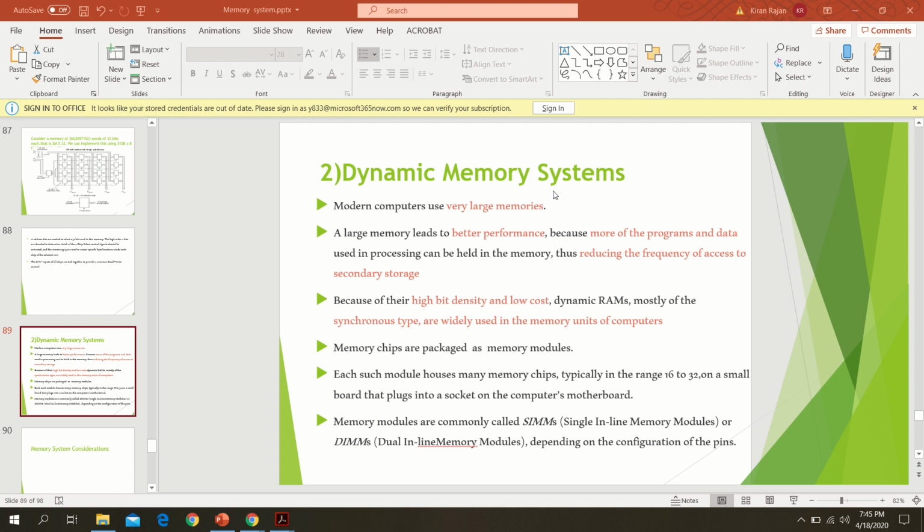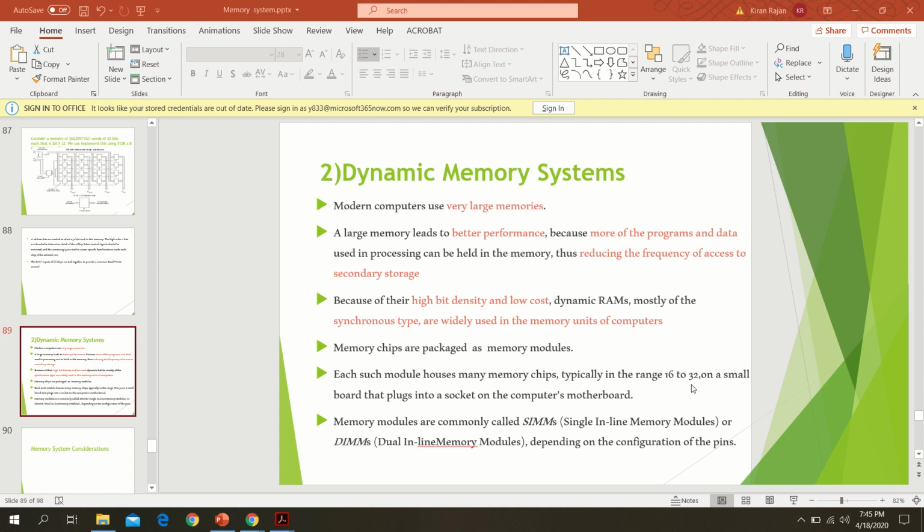The first one is synchronous DRAM and the second one is asynchronous DRAM. Among them, the synchronous type of DRAMs are widely used as the main memory unit of the computer system, because they are very fast. The memory chips are normally packaged as different memory modules, and each module contains a number of chips.